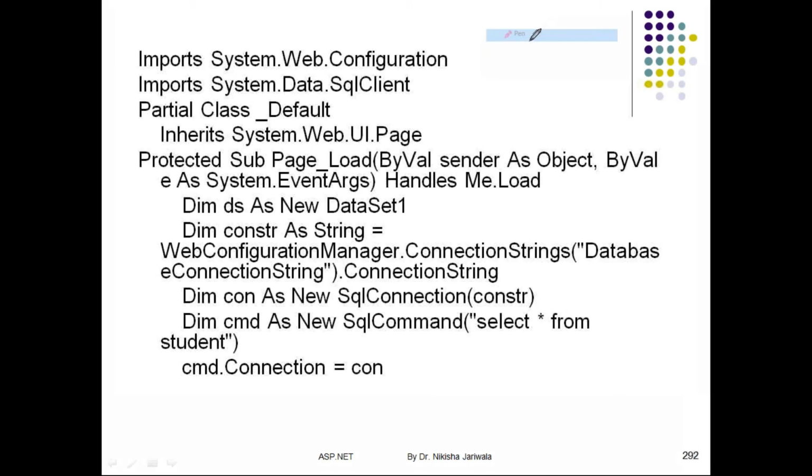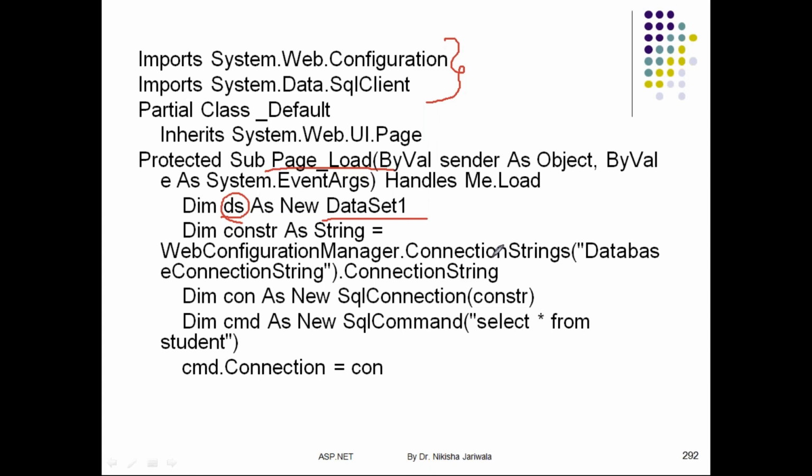The first thing you need to consider is these two import statements: Imports System.Web.Configuration and Imports System.Data.SqlClient, as we want to access the records from the SQL Server database. Then on the Page Load event, I have created the dataset object, that is DS, but see over here, it is DataSet1. This DataSet1 is the name of the dataset which I have added within my website, which is a typed dataset.